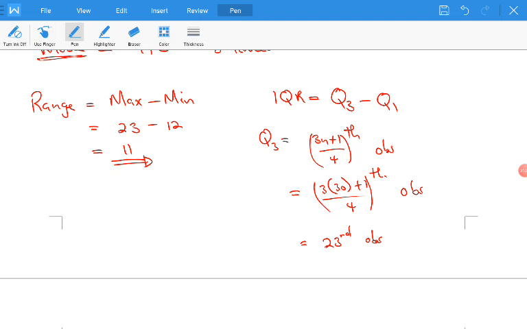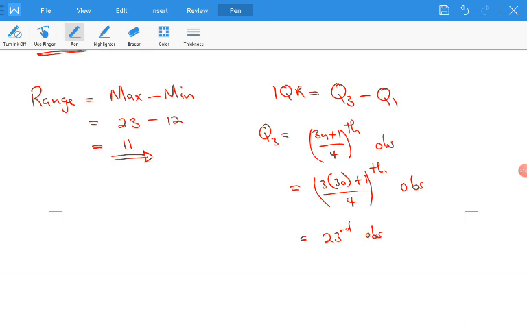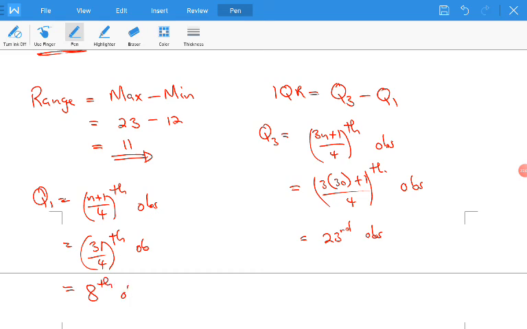And our Q1 is equals to n plus 1 over 4 th observation, which is 31 over 4, and if we round off, that's the 8th observation.